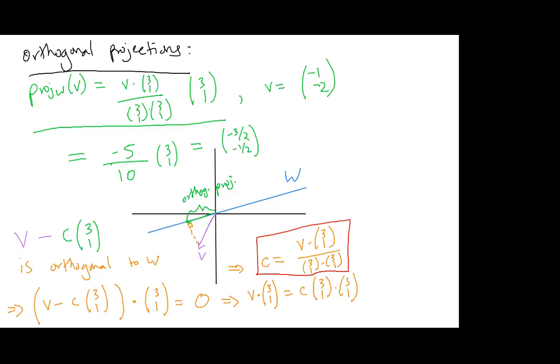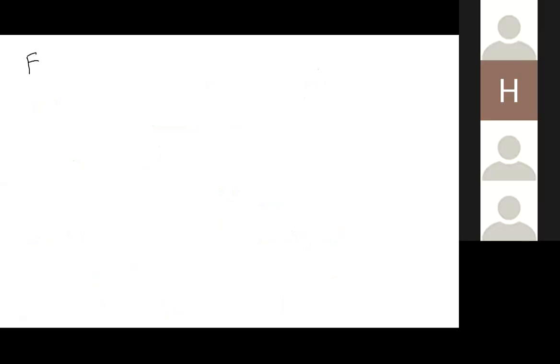Okay, let's do a harder one. Let's do where W is a two-dimensional space. I'm going to erase all this. Let W equal, let's say the YZ plane in R3.